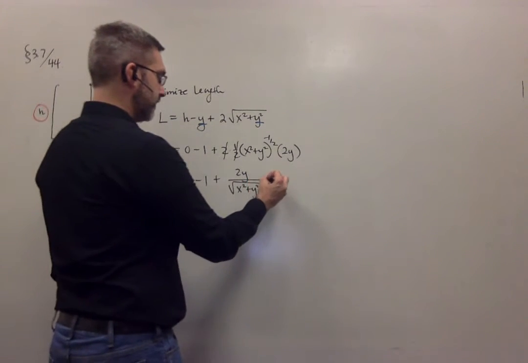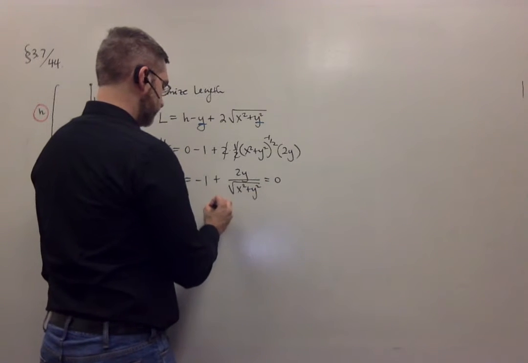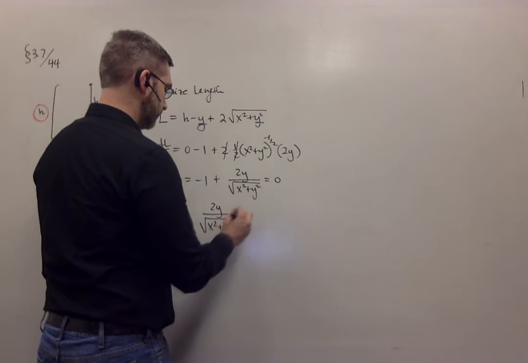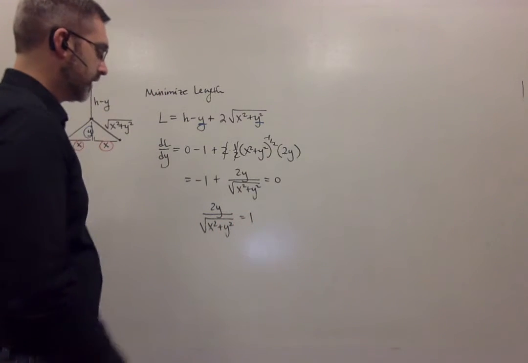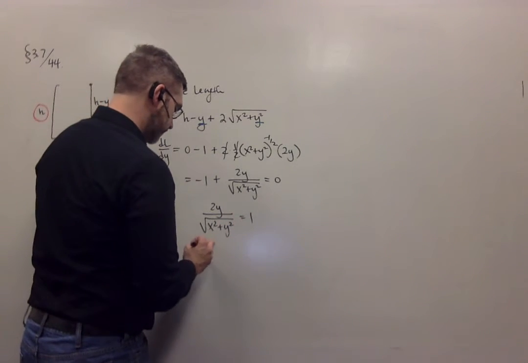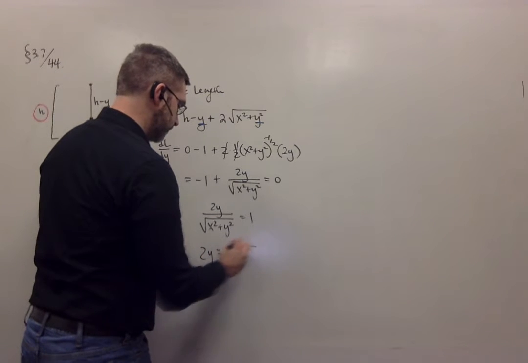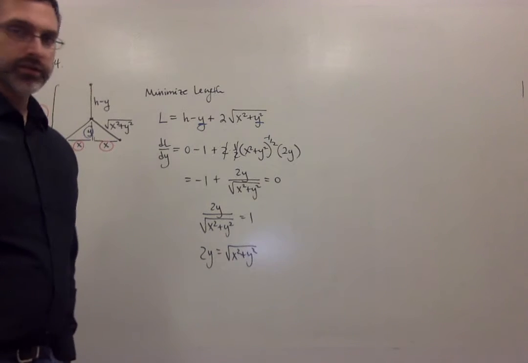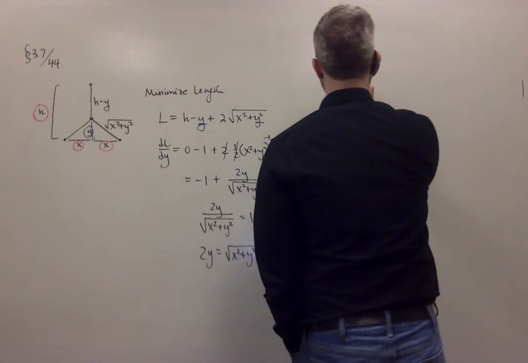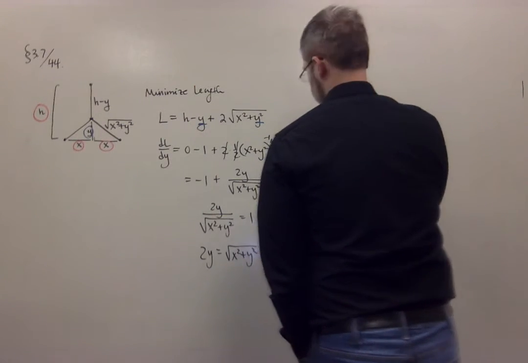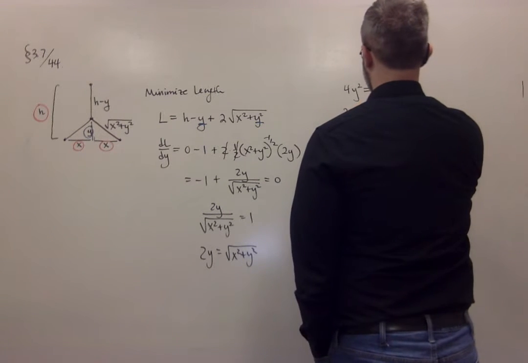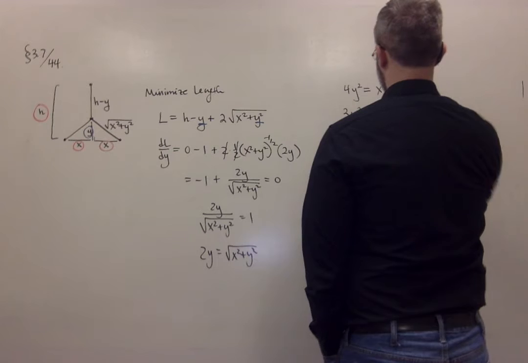So now if I set that equal to 0 and move the -1 over to make it 1, then bring the square root over, 2y equals that square root. And then if I square both sides, I'm going to get 4y squared on the left side and x squared plus y squared on the right side. So in other words, 3y squared is x squared.